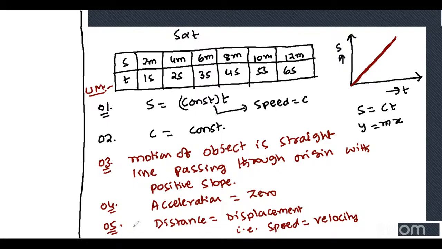Next, acceleration: as the speed is constant, speed equal to velocity equal to constant, so acceleration will be 0. D by dt of a constant means 0.